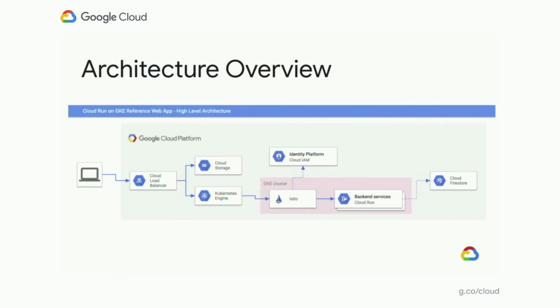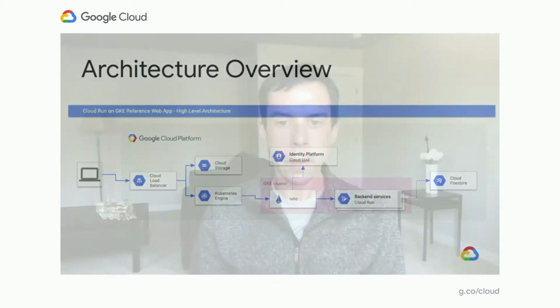The front-end UI is statically served from a GCS bucket, and our backend services are hosted using Cloud Run for Anthos. End user authentication and authorization of our backend API requests are handled by Istio in combination with the Google Identity Platform. And our application state is stored in a Firestore database.